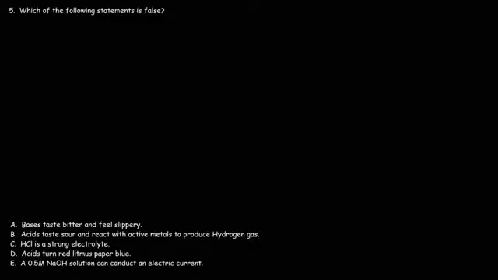Number 5, which of the following statements is false? So let's analyze each one. Let's focus on A. Bases taste bitter and feel slippery. That's a true statement, so we can eliminate that answer choice. Now looking at B, acids taste sour. If you think of an acid like lemon, lemon tastes sour, and acids react with active metals to produce hydrogen gas.